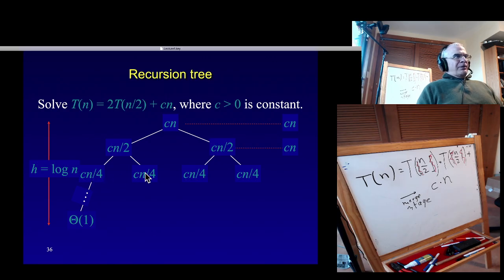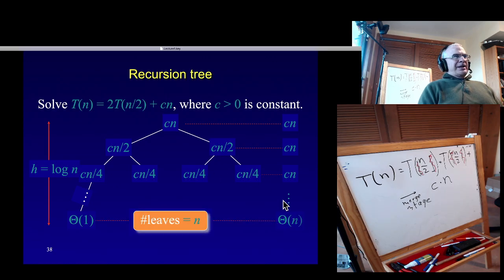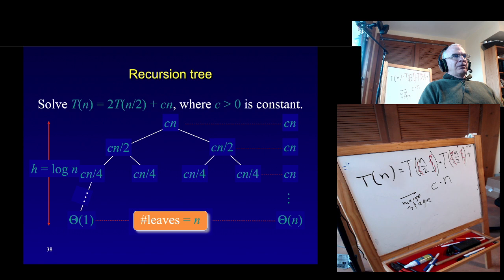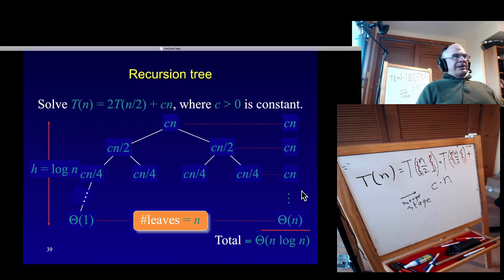C of n over 4, four times, sum them up, and you end up with c of n once again. And so on for each one of the levels, and that's how you have n leaves. If you sum up the running time in each one of the levels, you end up with n log n as the running time of the whole algorithm.